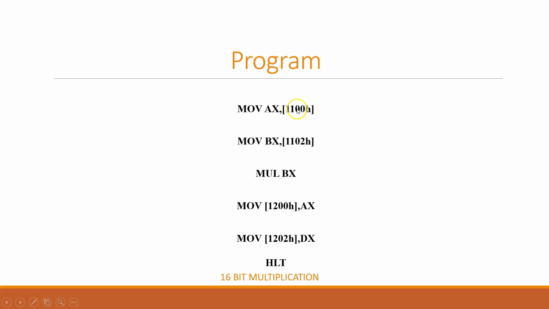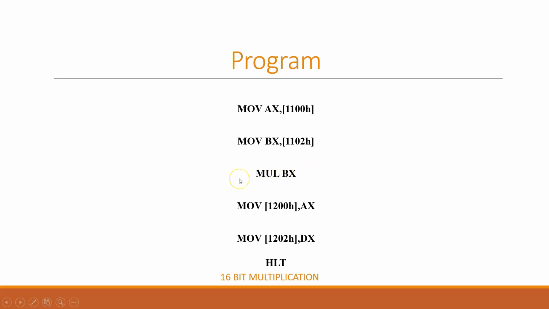From that I am going to get the first input data and store it in AX register, and then the second move instruction will move the second data from the address whose offset address is 1102. There you will be having some data, and that data will be moved to BX register, and then multiply BX.